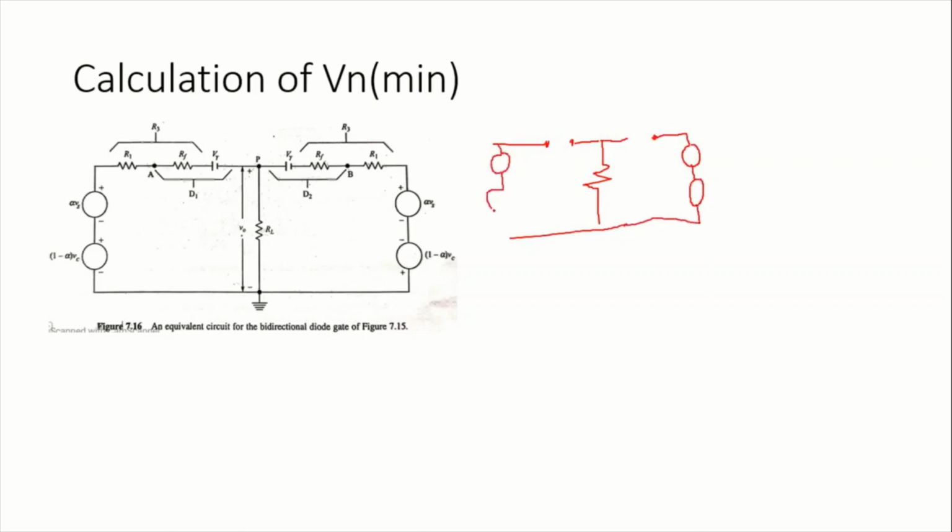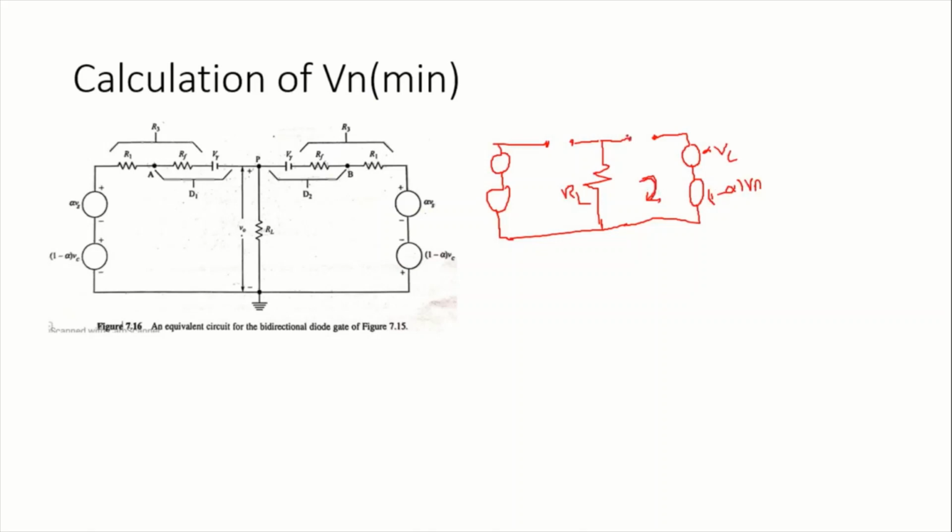One thing to remember is that we are considering only the loop where we are applying a positive value for Vn. So we consider only this loop. Why? Because this is plus alpha Vs and here the value applied is a positive Vn, so 1 minus alpha into Vn, considering only this second loop.